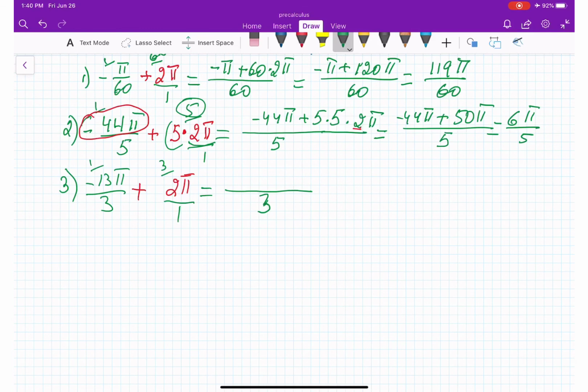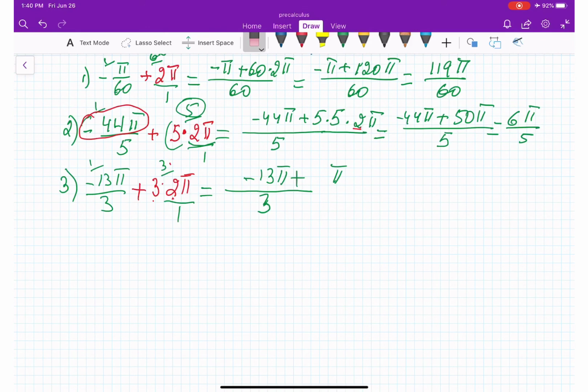So it's going to be negative 13 pi plus 6 pi. All right, it's not working again. So we have to get more. So twice 2 pi will be 4. If I add here twice, 2 times 2 is 4, and times 3 is 12. Okay, so it's not enough. So multiplying 3 times: 3 times 2 is 6, 6 times 3 is 18. Very good. So 3 times it's going to work.